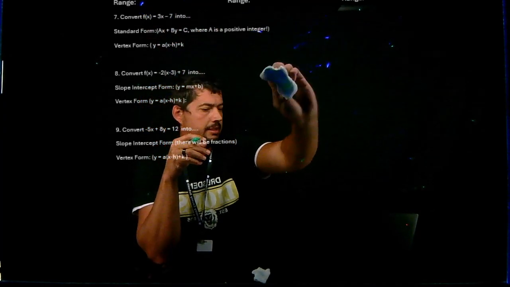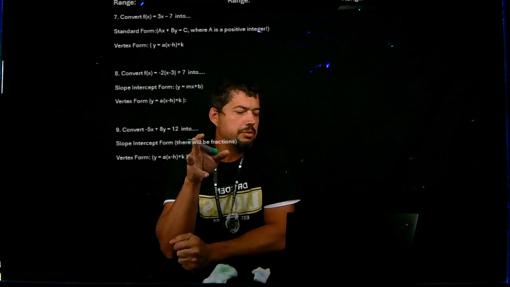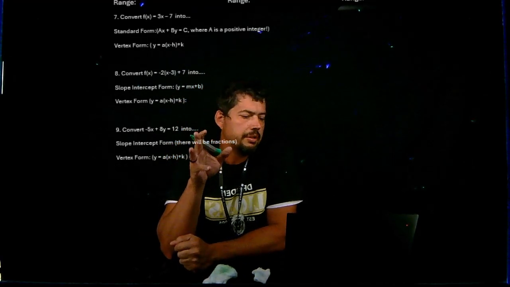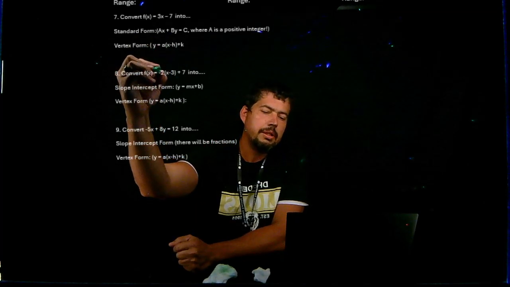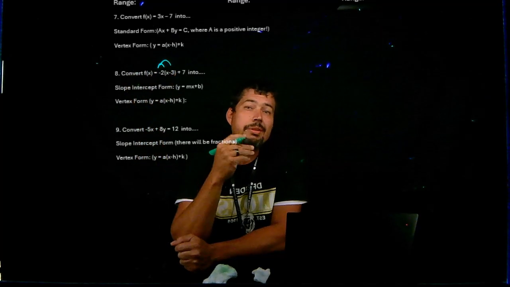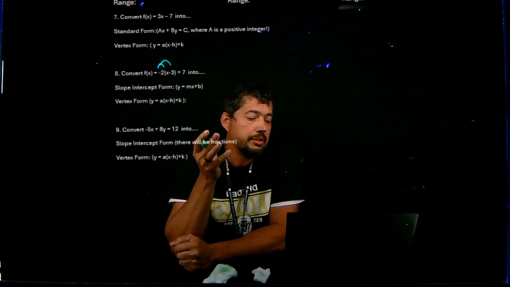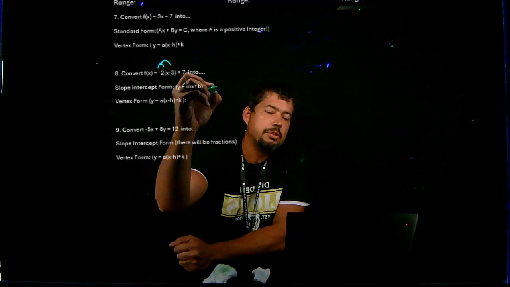All right, next up, number 8. We're given a vertex form, -2 times x minus 3 plus 7. We're supposed to convert it into slope-intercept form. That is really, really easy to do. To convert from vertex form to slope-intercept form, hit it with the distributive property and combine like terms. So if I distribute that -2, I would have -2x.